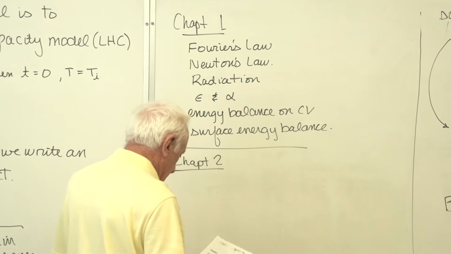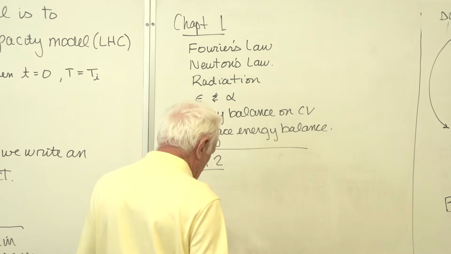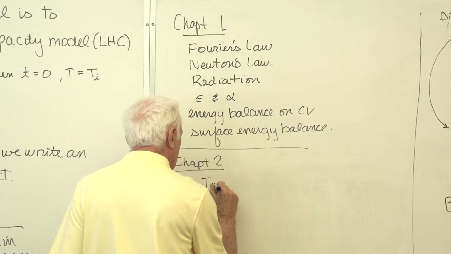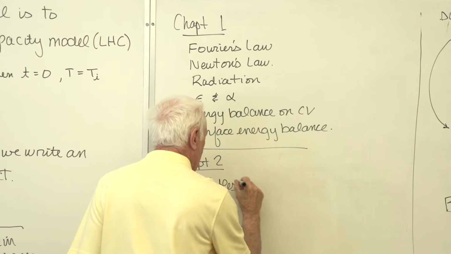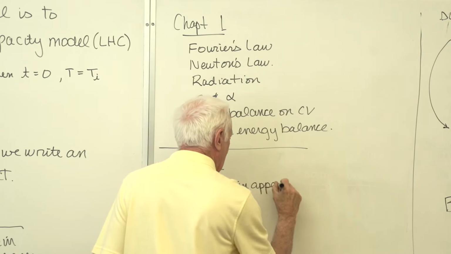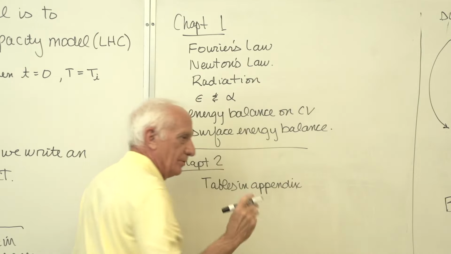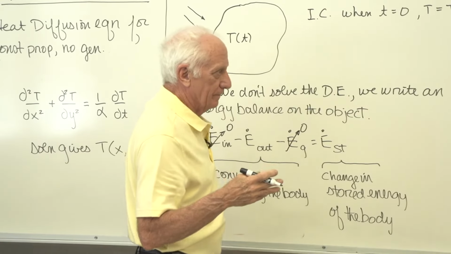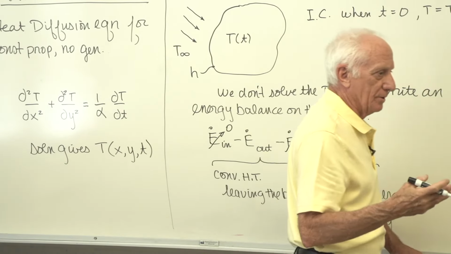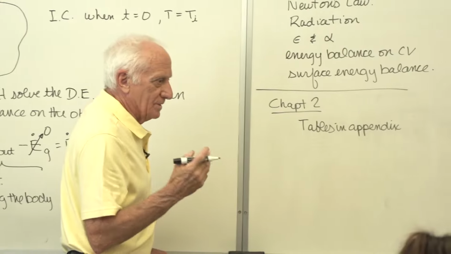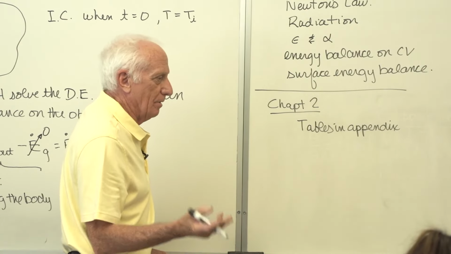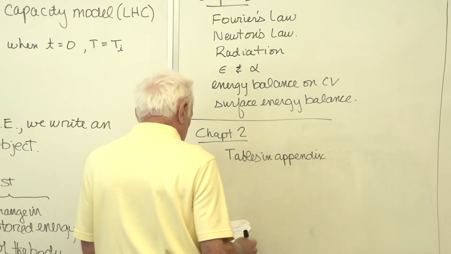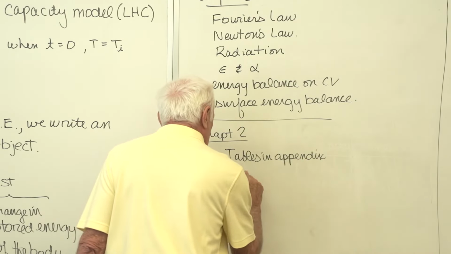Chapter 2, real short, but chapter 2 starts out with the tables in the back, just to become familiar with what's there for you. What was the solid? What was the liquid? What was the gas? At what temperature? All that stuff is in the tables. And then, the heat diffusion equation.